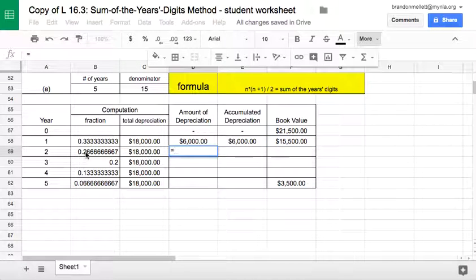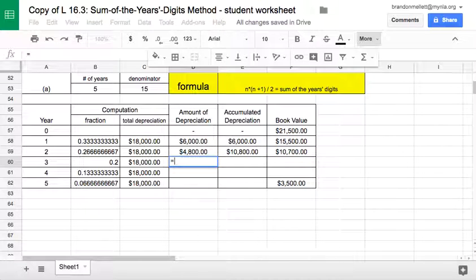Now let's calculate the next one. We're going to go the fraction for year 2 times total depreciation, $4,800. To accumulate, what we're doing there is adding year 1, $6,000, plus year 2, and we'd have $10,800. So the book value for the second year, we take book value minus accumulated depreciation, $10,700.